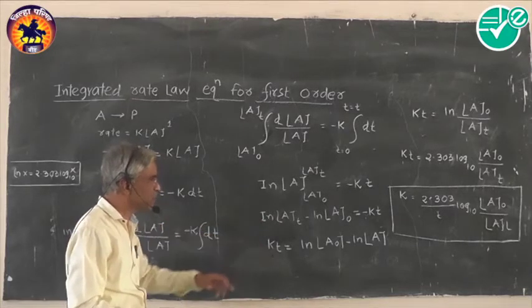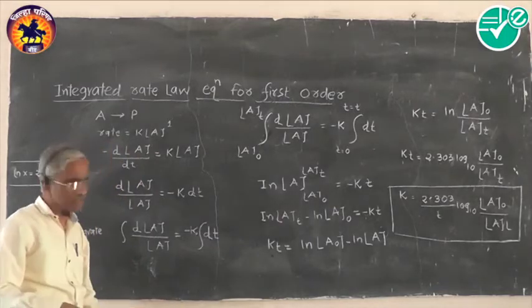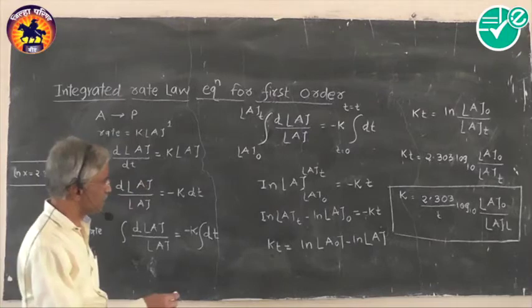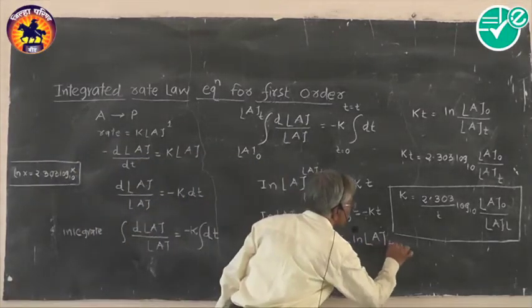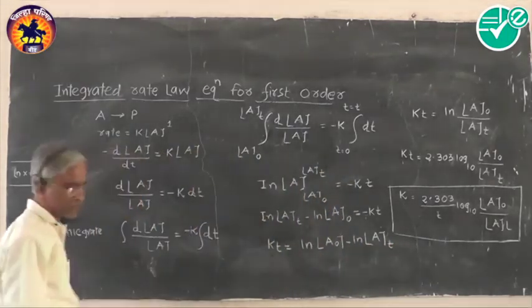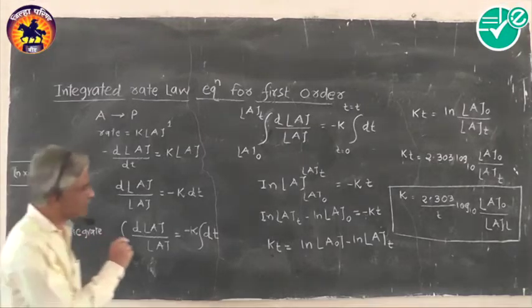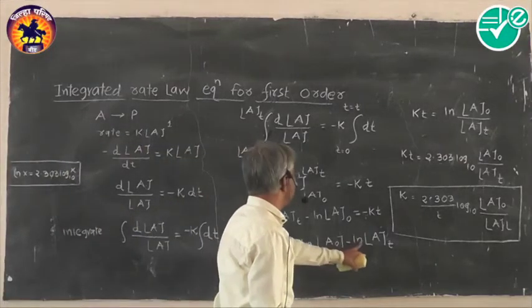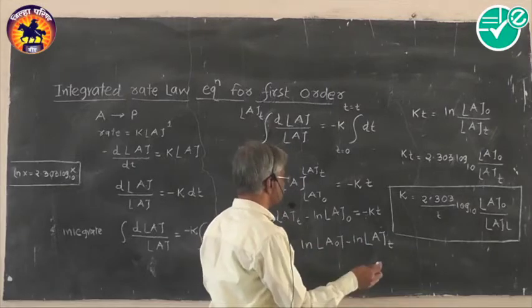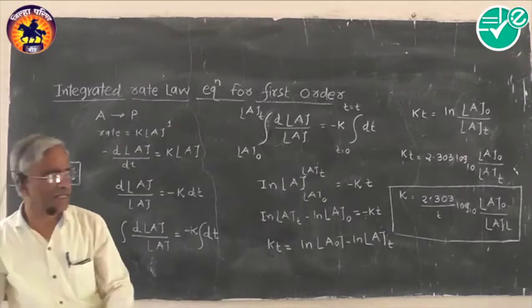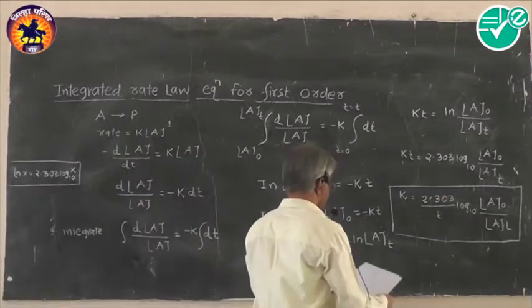By this equation we can also write it in exponential form. So from that data we can convert it into exponential also. That will become ln At. I will directly write it.